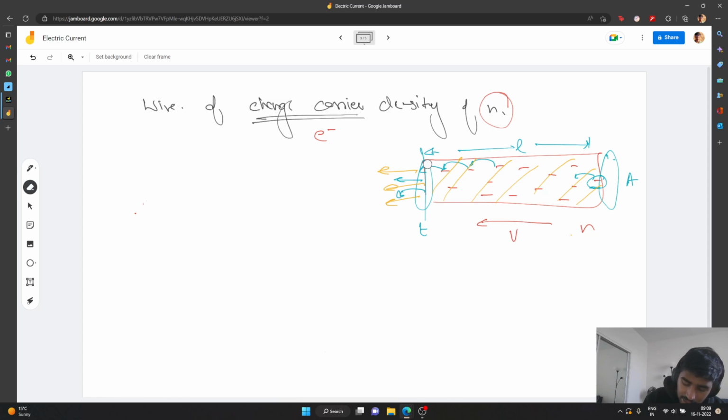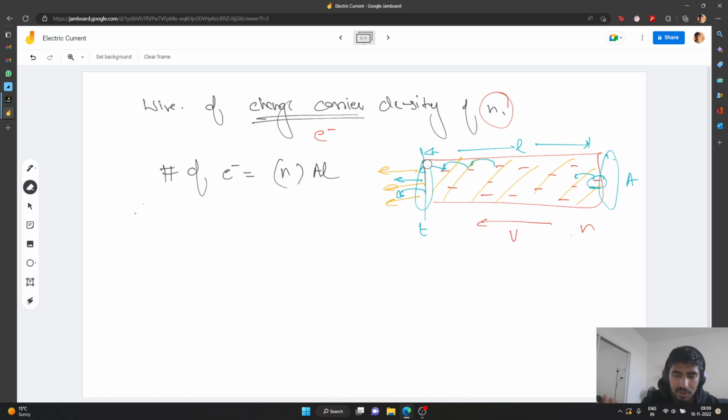So we can just simply write what that is. The number of electrons will be equal to whatever the density is, into the volume, right? So volume we can write as area times the length, and that will be our number of electrons.